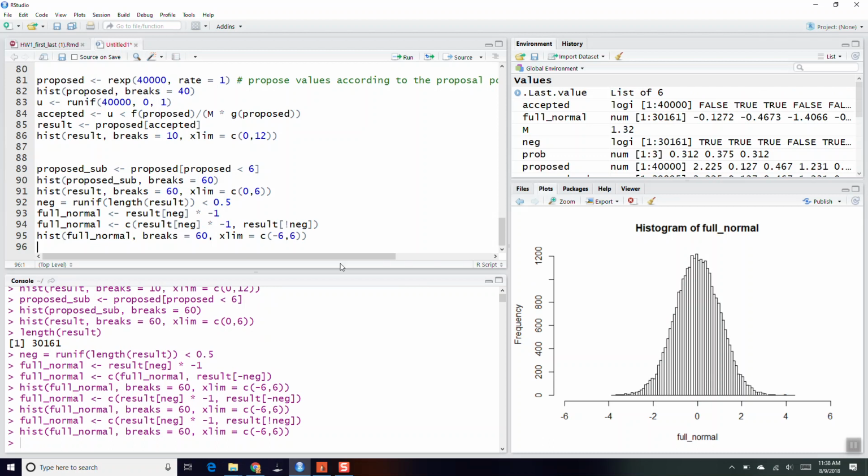Okay, there we go. You have to use the opposite, not the negative command. Okay, so there we go.